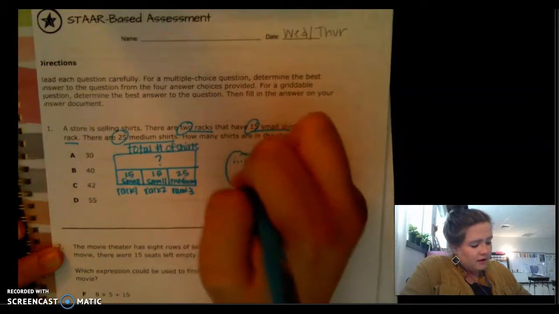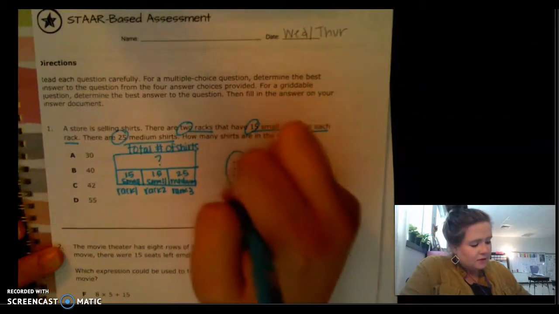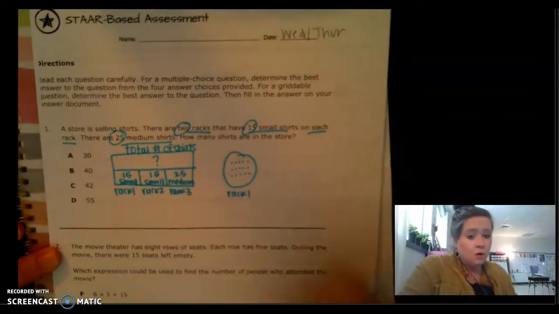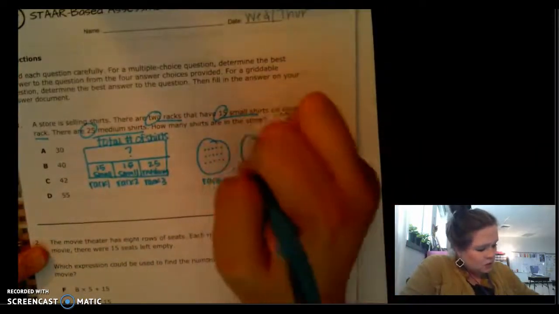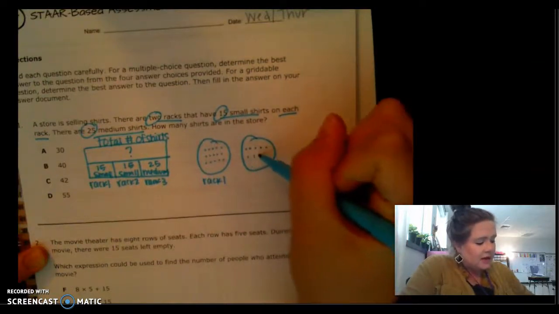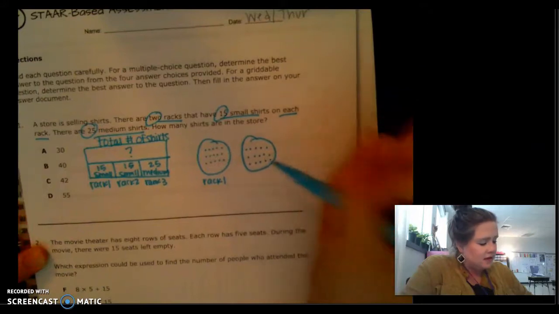1, 2, 3, up to 15. Rack 1. And then I would do rack 2. 1, 2, 3, up to 15.